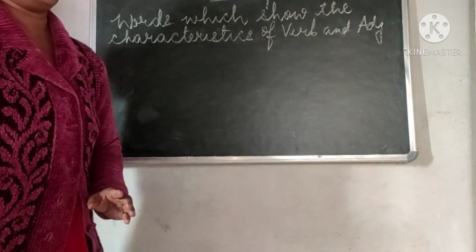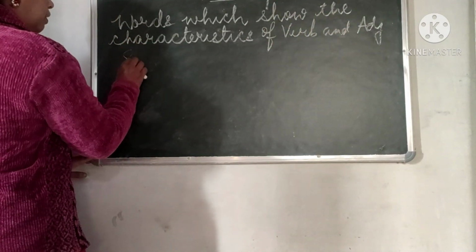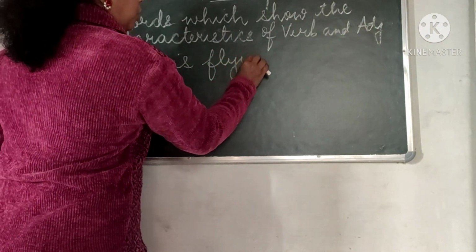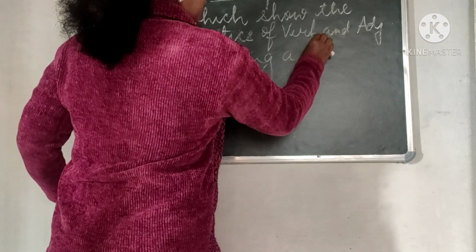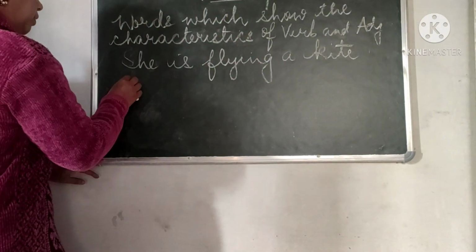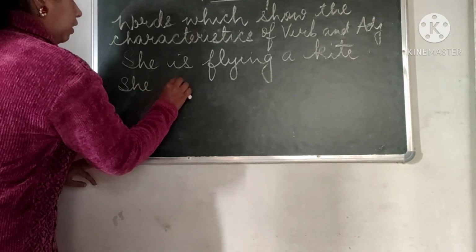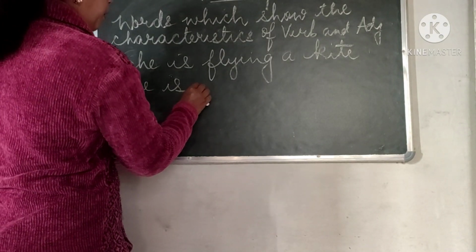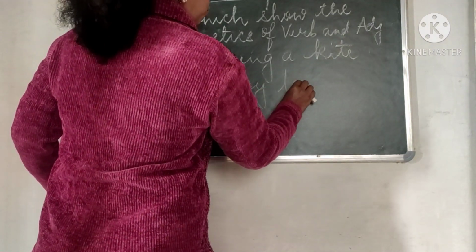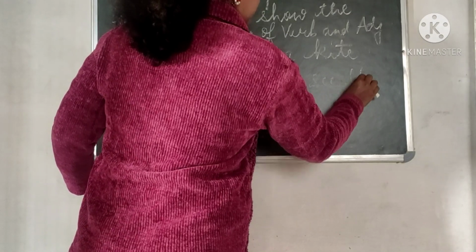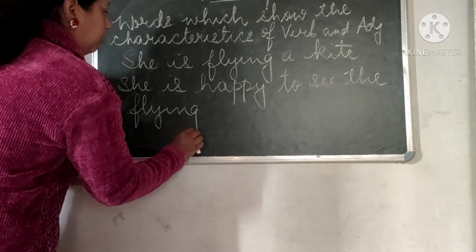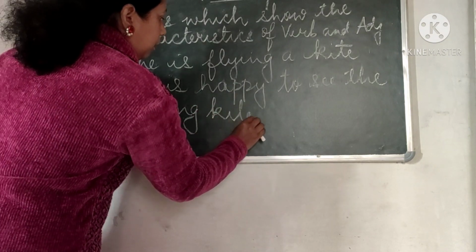That means what? When I say that she is flying a kite. Now let me write one more sentence. She is happy to see the flying kite.